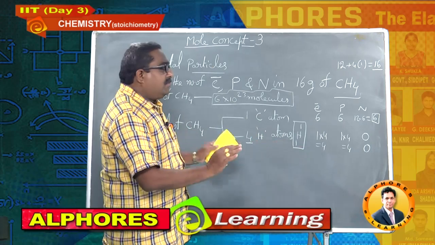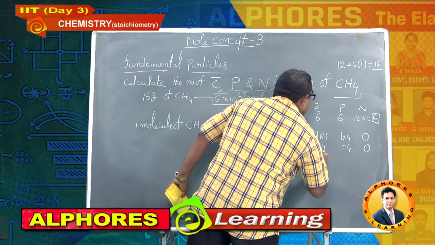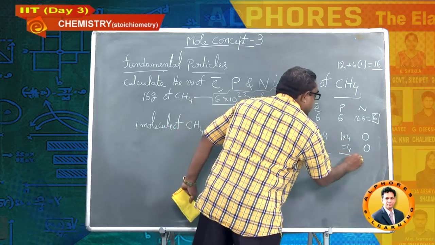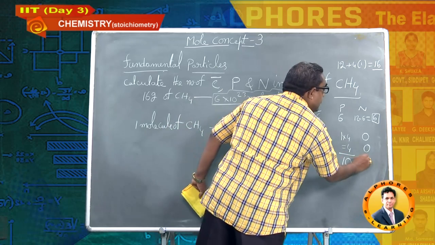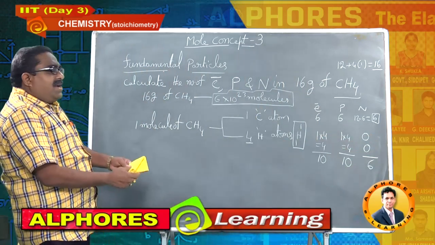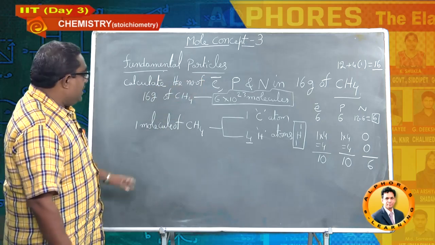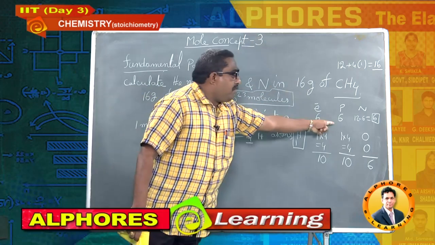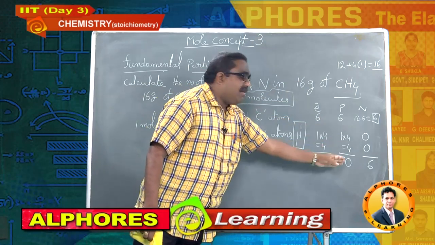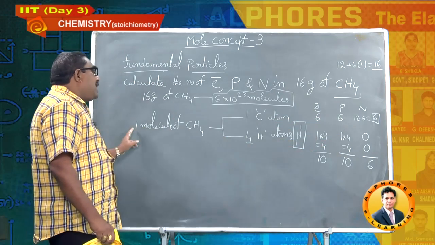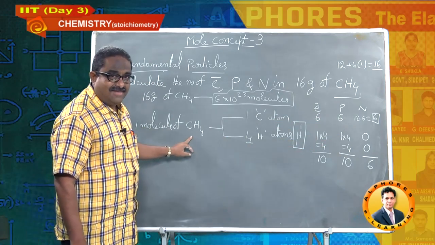Now, I am going to make the total number of electrons: 6 plus 4, 10, and here also 6 plus 4, 10, and here only 6 neutrons. Finally, I got the number of electrons, the number of protons, and the number of neutrons present in only one molecule of methane.